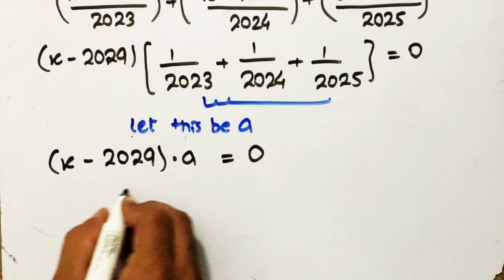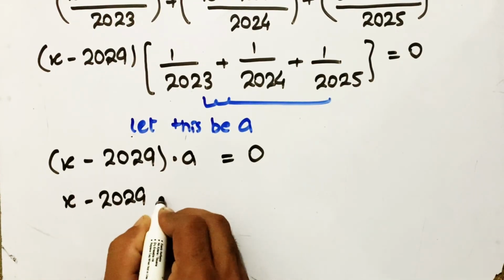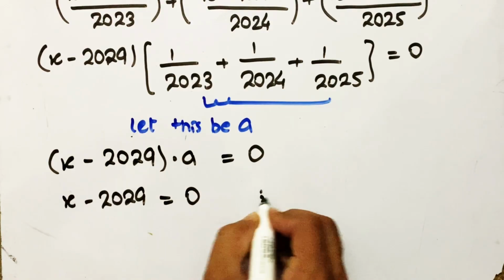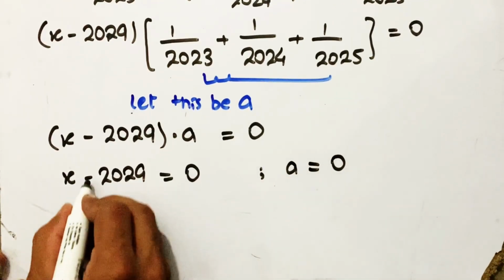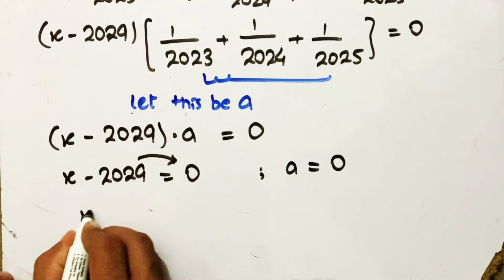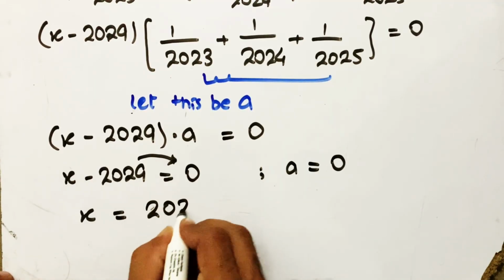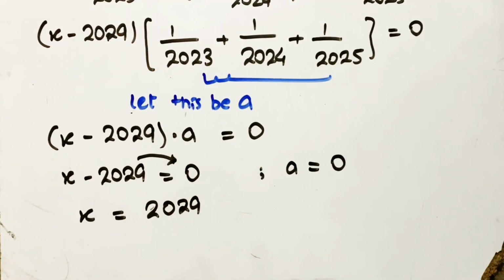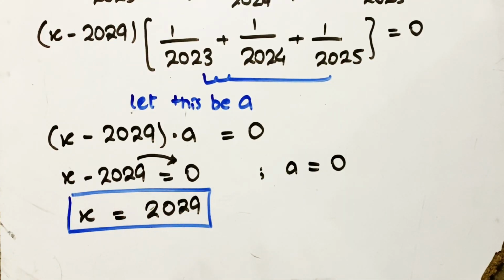This means x minus 2029 is equal to 0, or a is equal to 0. The constant a is positive, so it cannot be zero. So we got the value of x, that is 2029. Now I will verify it by putting it in the main equation.